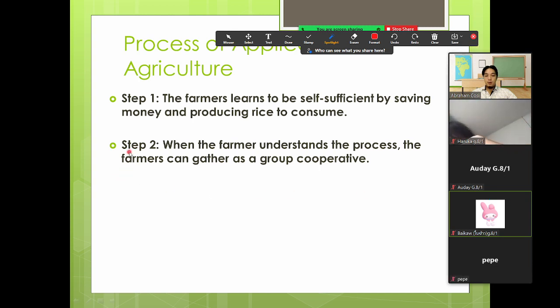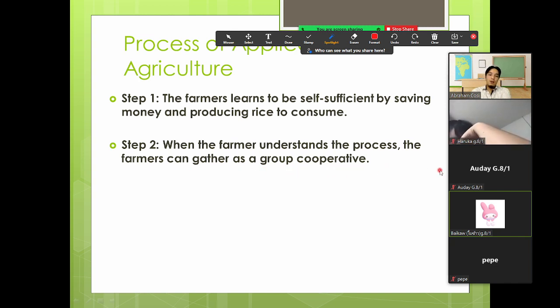Step 2, when the farmers understand the process, the farmers can gather as a group cooperative.